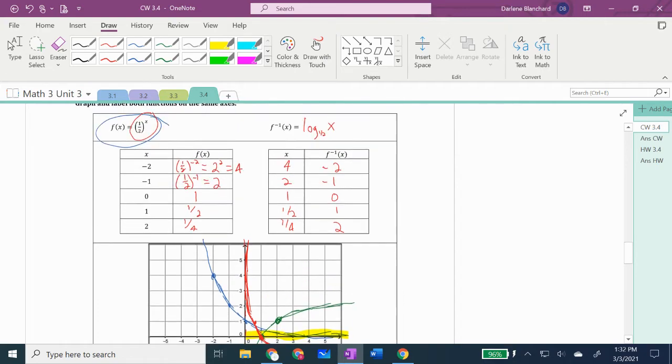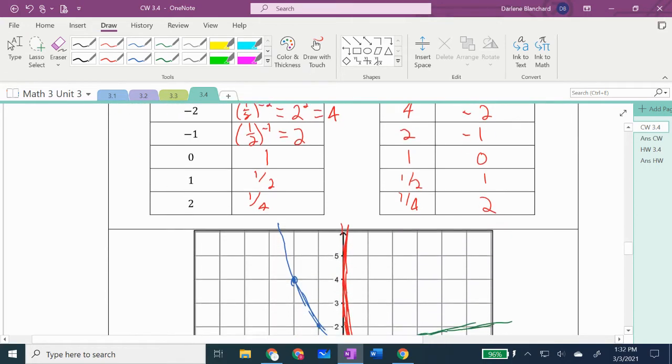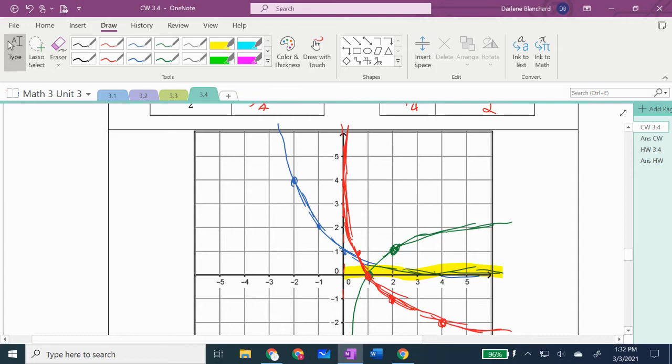And so it's valuable to understand that if you look at the exponential function, when the base is between 0 and 1, it creates the decay instead of the growth, which the growth version is the blue exponential graph reflected over the y-axis.